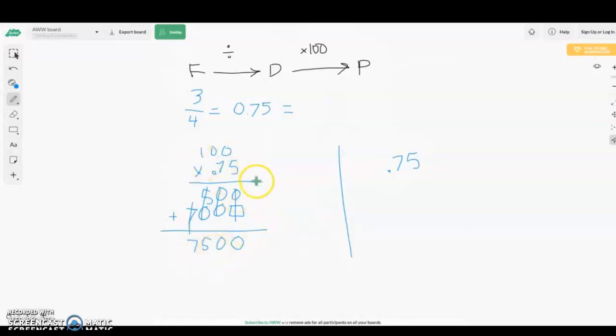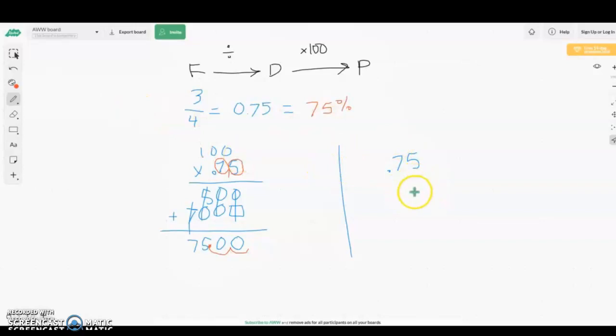When I multiply by decimals, I need to scoop, okay? So here I recognize that I have 2 numbers behind my decimal, so that means I need to scoop back 2 places to the left. So my answer here is going to be 75%. Not 75 the whole number, but 75%.